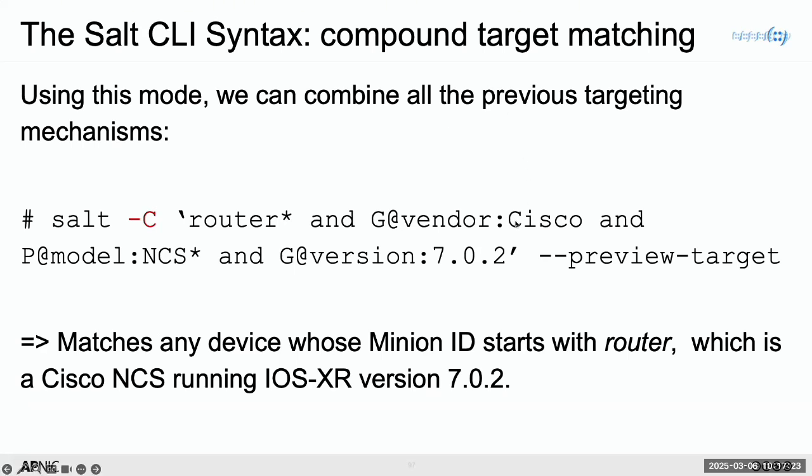We want to make sure it is Cisco, and then the specific model and the specific version as well. So this will help us to be more specific about certain devices and what is the iOS or the operating system they are running.